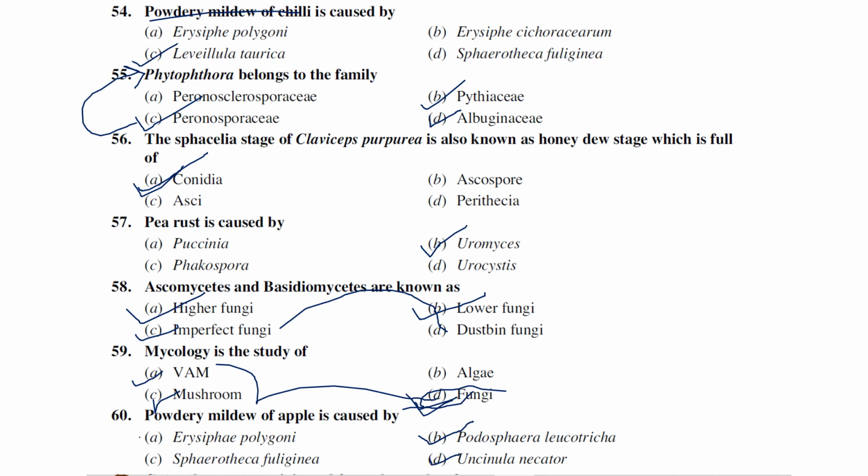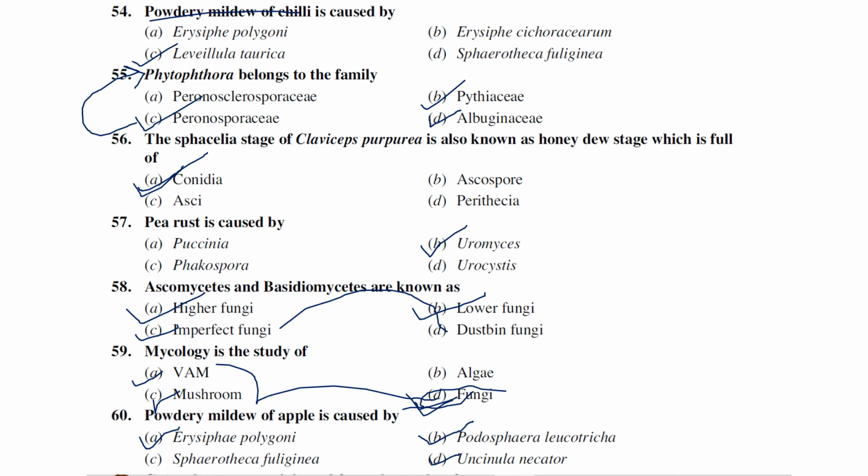Erysiphe polygoni causes powdery mildew in black gram, bhendi, and some other crops. Sphaerotheca, I'm not sure, maybe cucumber powdery mildew, something like that.